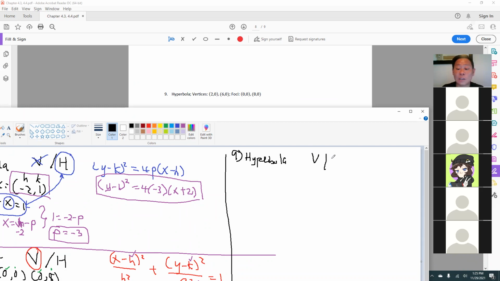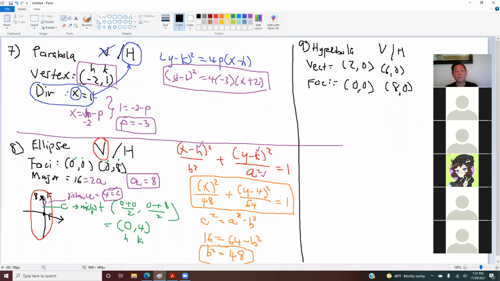Again, the question did not tell us whether it is vertical or horizontal, but they've told us that your vertices are at (2, 0) and (6, 0), and your foci are at (0, 0) and (8, 0). If I give you a parabola, the directrix is the one you look for to figure out vertical or horizontal.